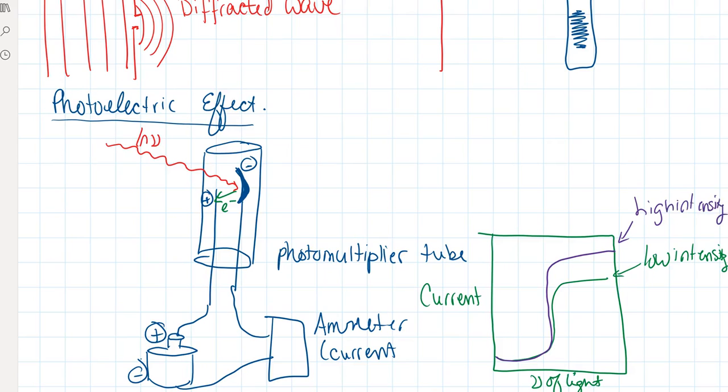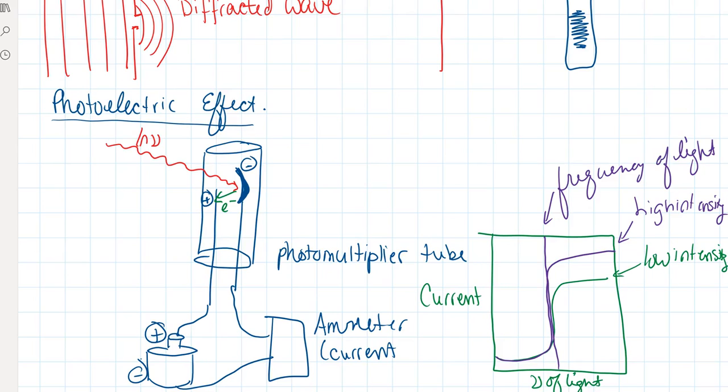But one thing that never changed was the frequency of light at which electrons would be ejected, which was kind of cool. And so they said, yeah, light behaves like a wave, but we can count it like a particle.